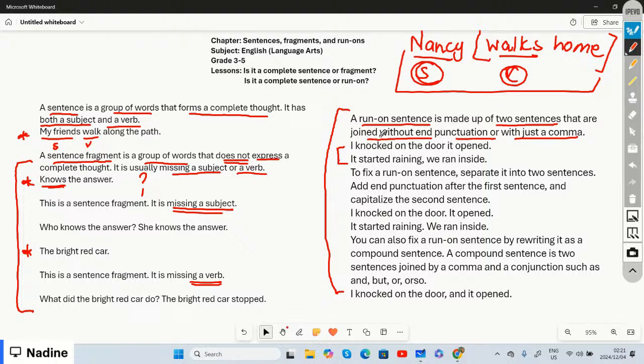If you look at this sentence, it's almost like it is written as one sentence, but it should have been two sentences. It should have been: I knocked on the door, period, it opened.